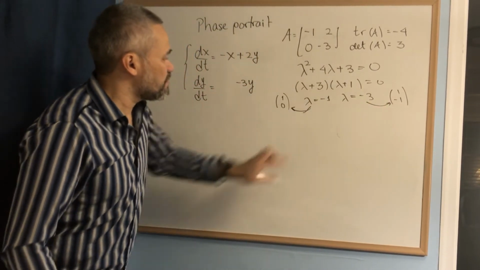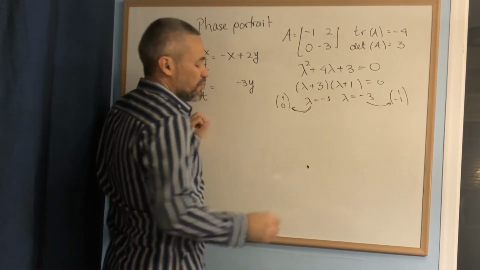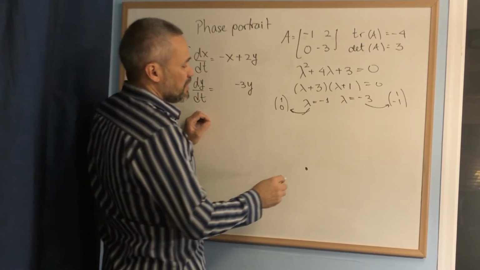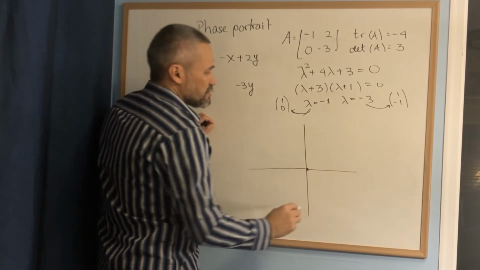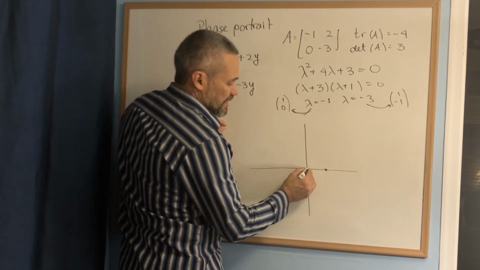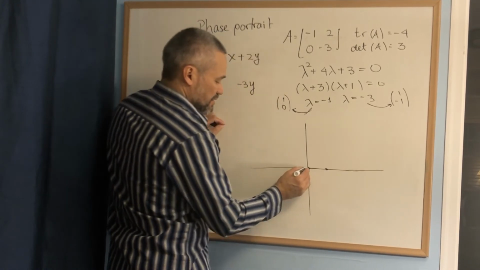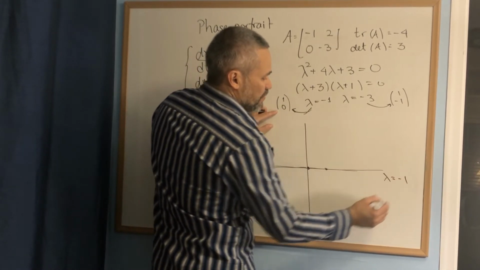Then to do the phase portrait, we draw the origin, which is always an orbit on its own. In this case, let's draw the Cartesian axes just to draw the vectors. (1, 0) is here, and that means that this is one of the lines. We label this with lambda equal -1.